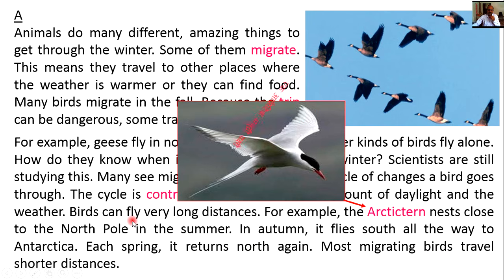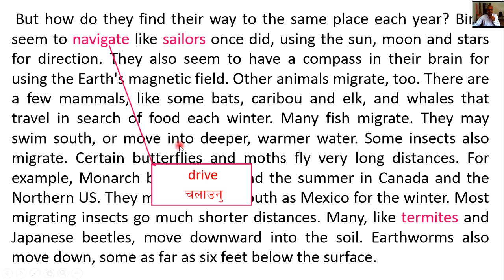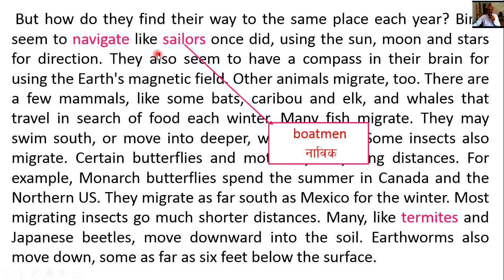Now, let me describe again. But how do they find their way to the same place each year? Birds seem to navigate like sailors. Navigate means drive, to steer, as sailors navigate at sea or in the ocean. And sailor means here boatmen.